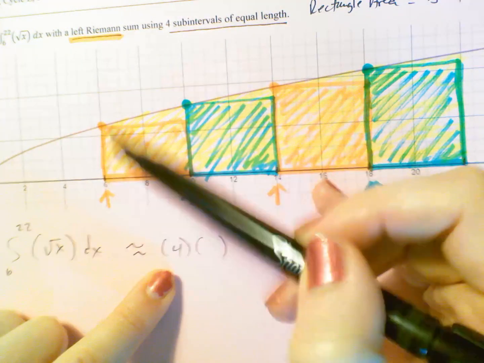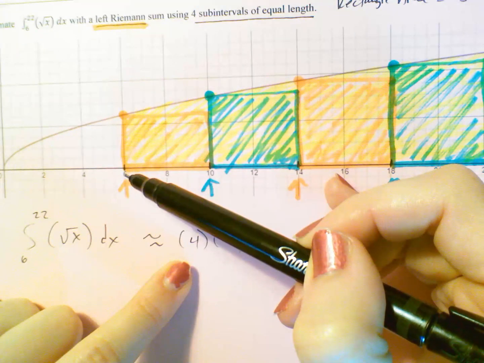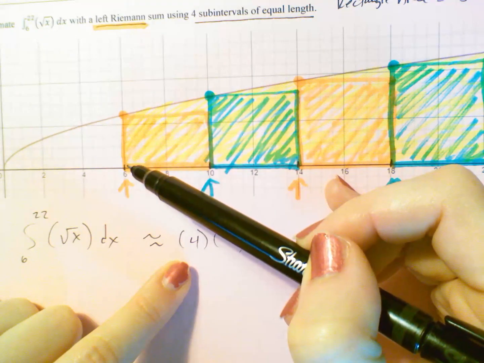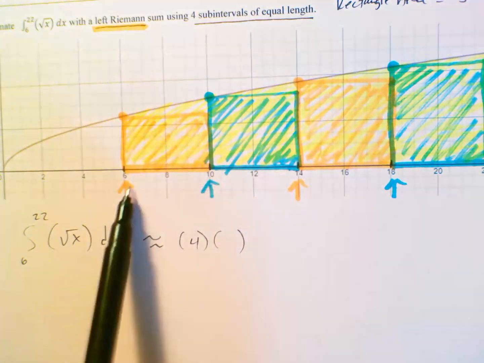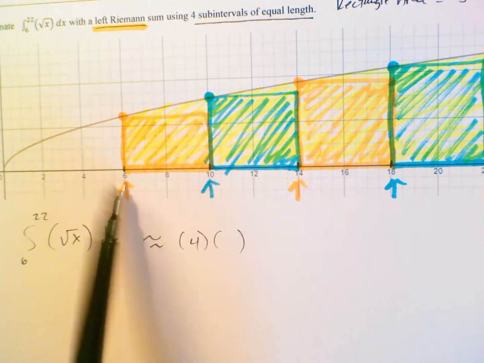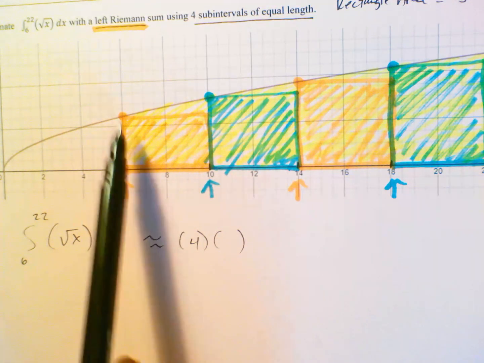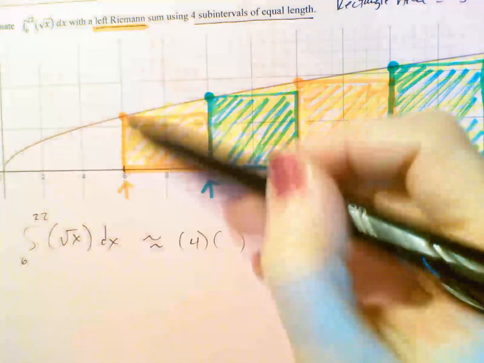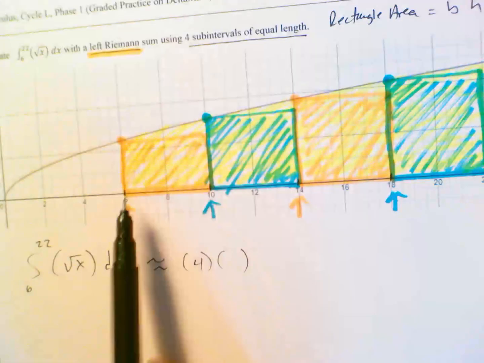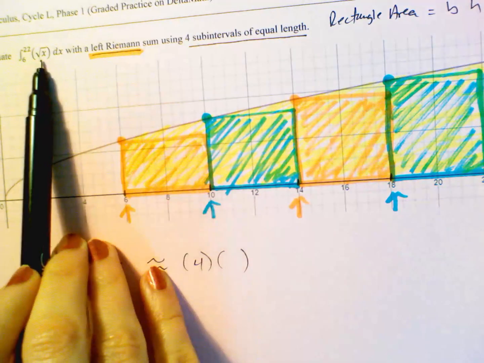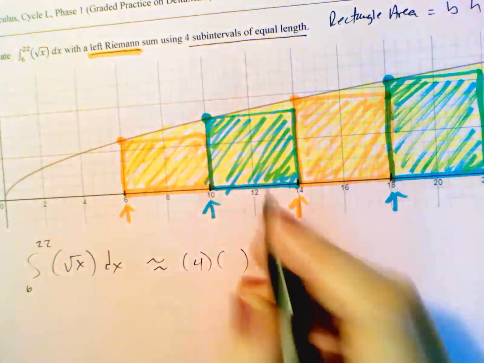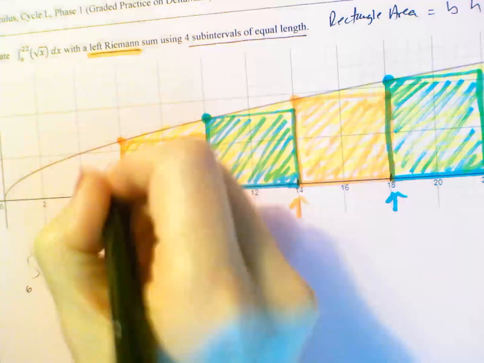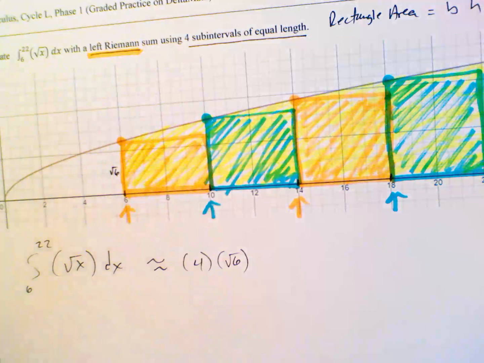This height is the y value that plugging in 6 gives me. So you're plugging in 6 to radical x, so you're getting radical 6. That'll be the height.